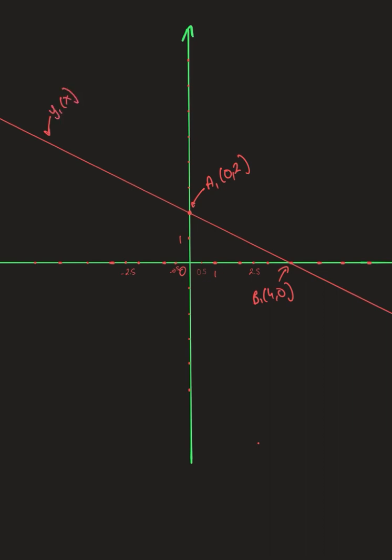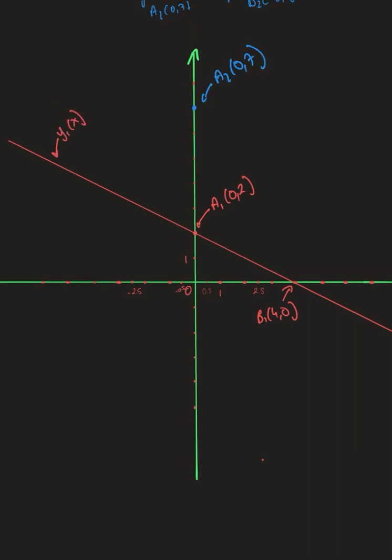And now let's do y2 of x. As you can see, I just put points a2 and b2 in the graph, and the only thing left to do is to draw a line that goes through those 2 points in order to have the representation of the function y2 of x. So let's write that here, y2 of x.